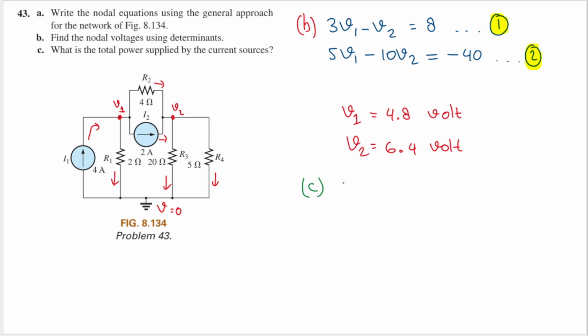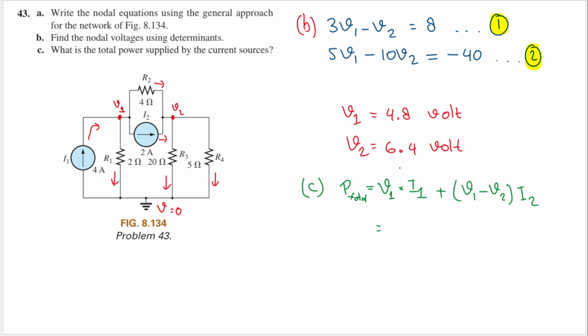So remember, the power P is V1 multiplied by I1, and then plus V1 minus V2 multiplied by I2.